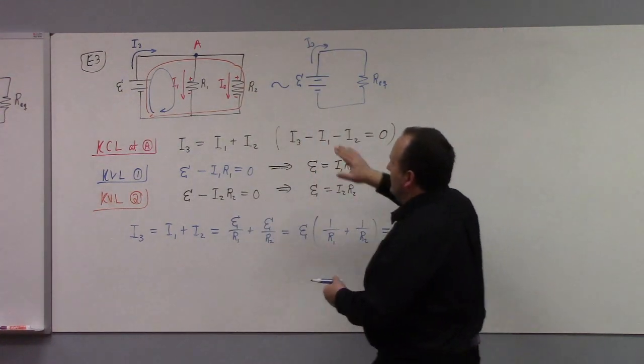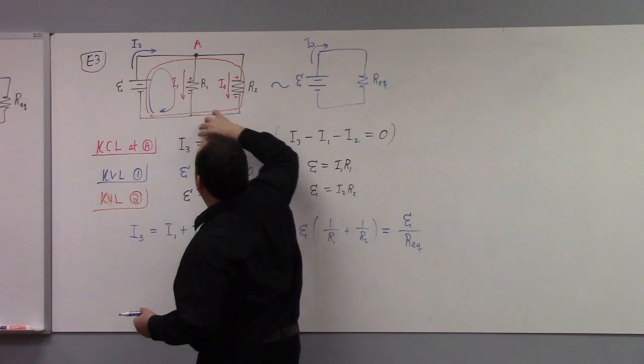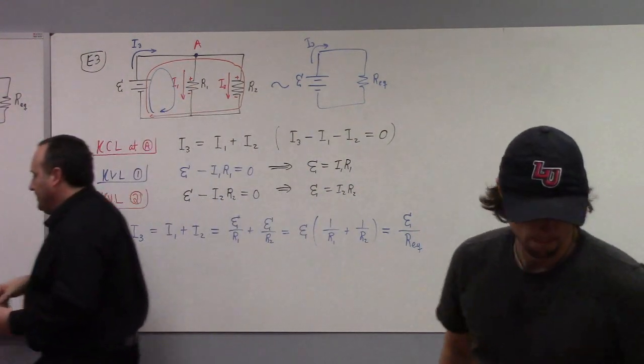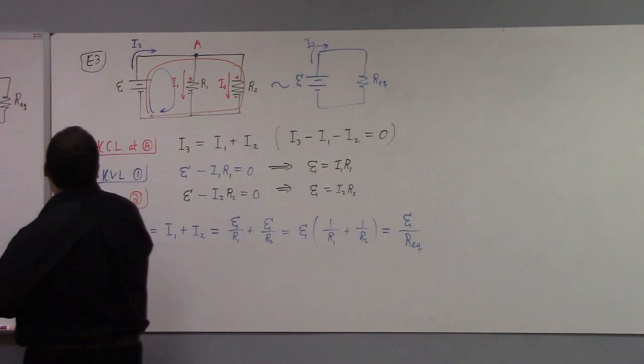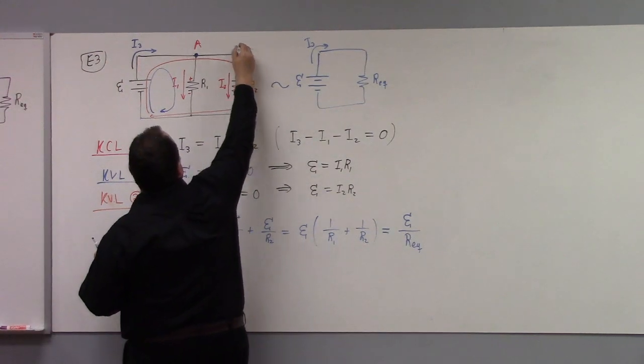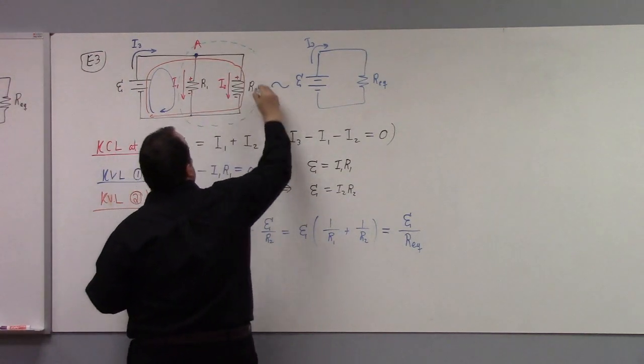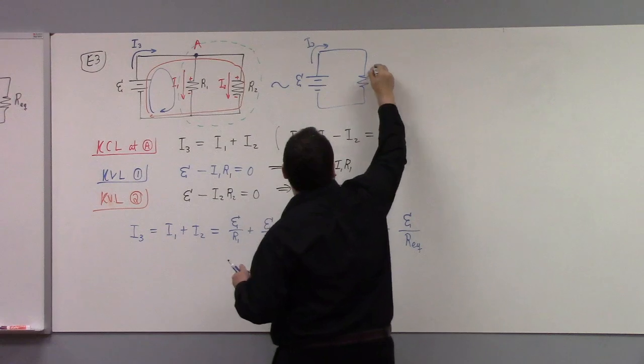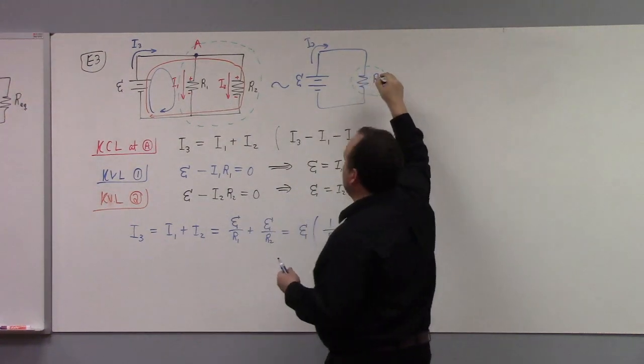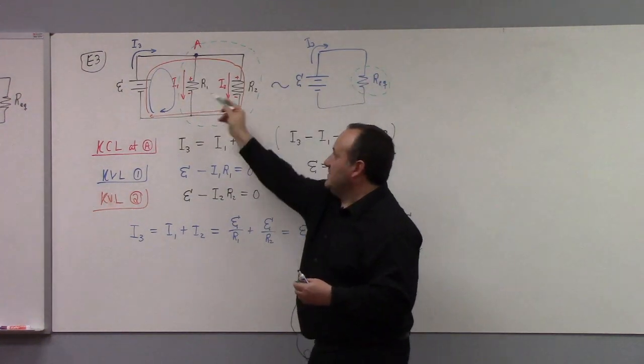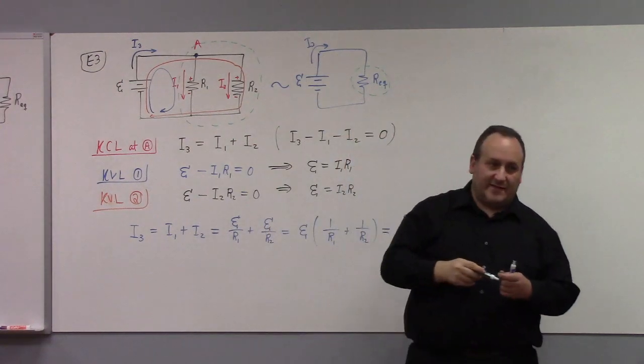In other words, we're trying to think about all of this as being a black box. Think about all of this mess here as just being this. We don't care about the internal details over here. It happens to be a parallel combination, right?